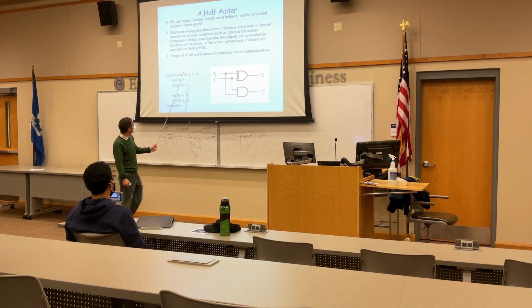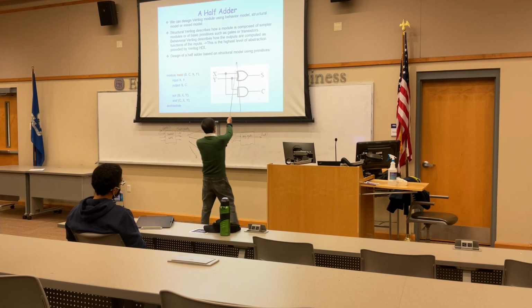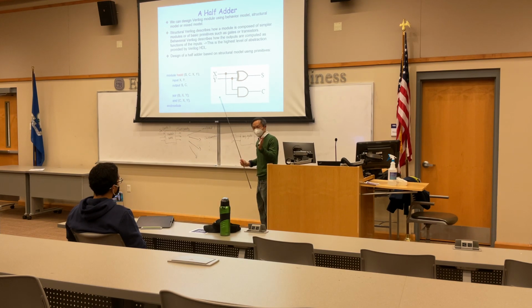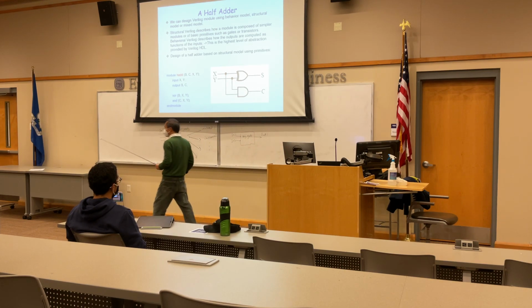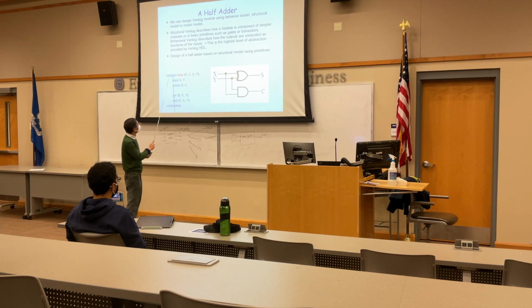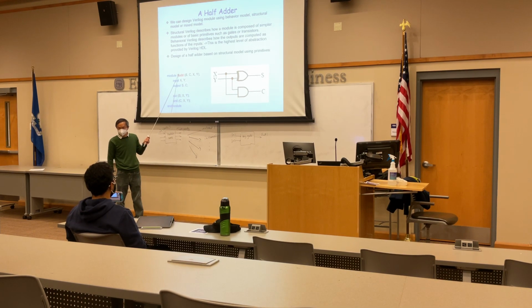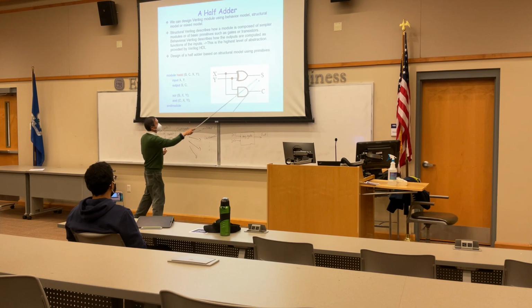Now let's try to use primitives to design this one, because we already have the basic cases. Then the half-adder we can design in this way. Half-adder, module name, we give a name. Input output list: S, C, X1.